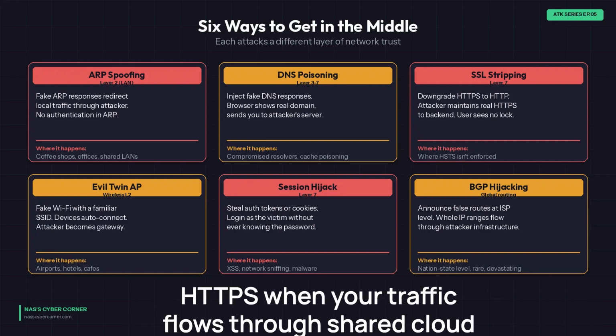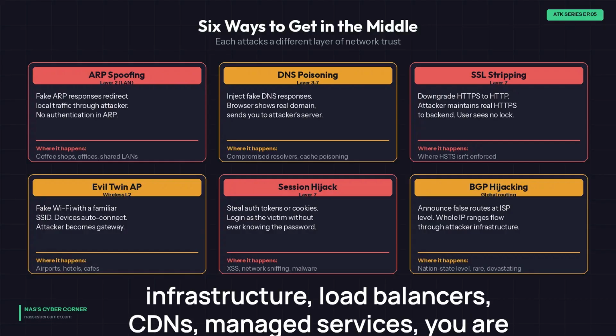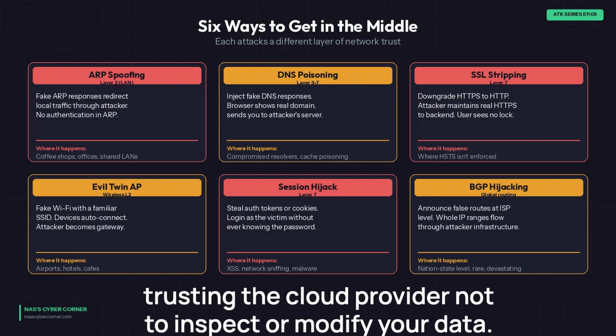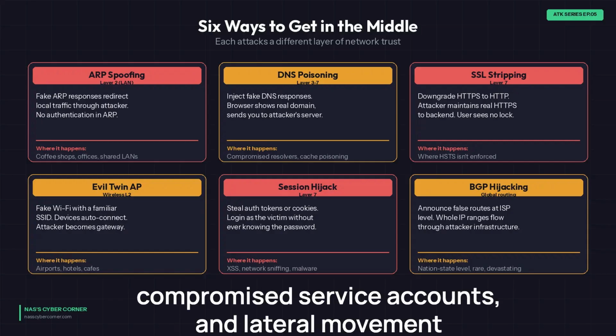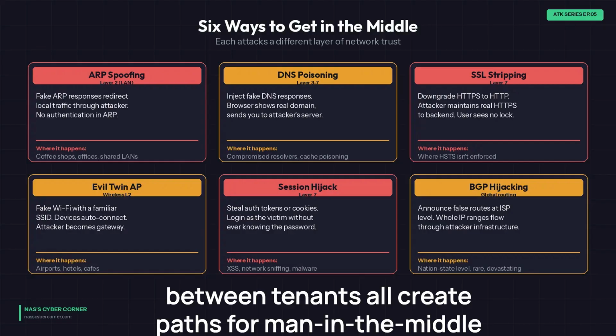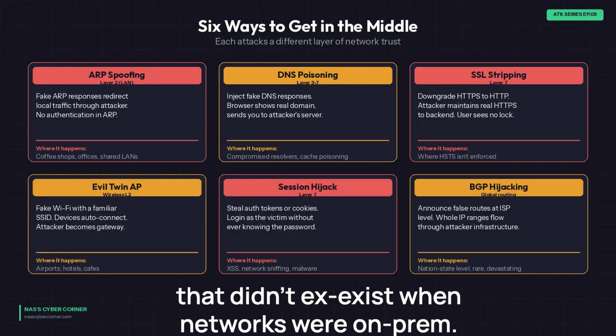When your traffic flows through shared cloud infrastructure, load balancers, CDNs, managed services, you are trusting the cloud provider not to inspect or modify your data. That's usually a safe assumption, but cloud misconfigurations, compromised service accounts, and lateral movement between tenants all create paths for man in the middle that didn't exist when networks were on-prem.